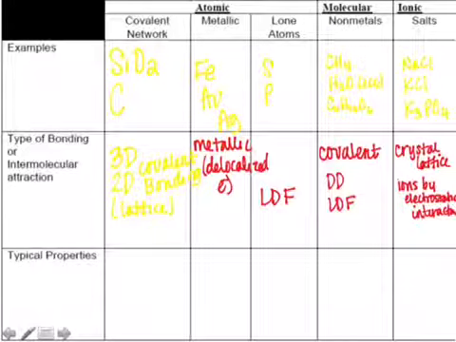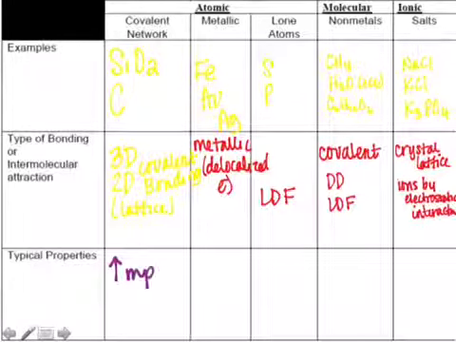And lastly, we're going to go with the property. Give me a property of a covalent network. A diamond, what do we know about a diamond? High melting point. No electricity.